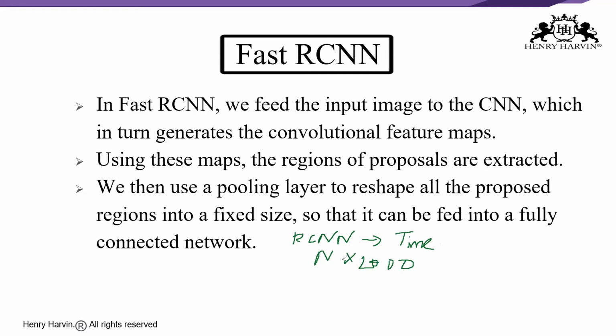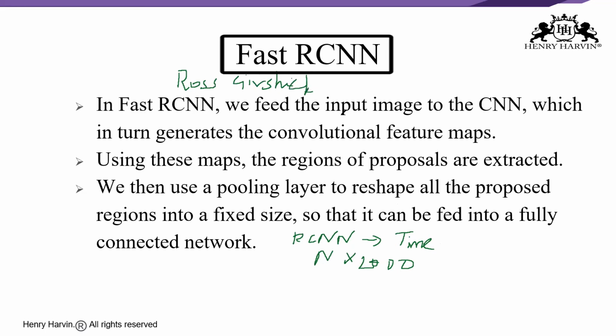So instead of running the CNN 2000 times per image, we can run it just once per image and get all the regions of interest. That is what the author, Ross Girshick, did.